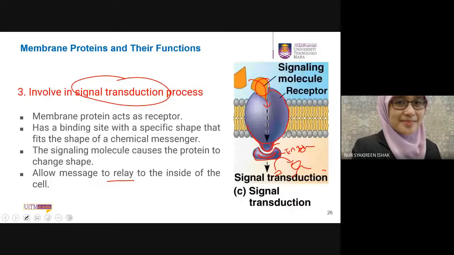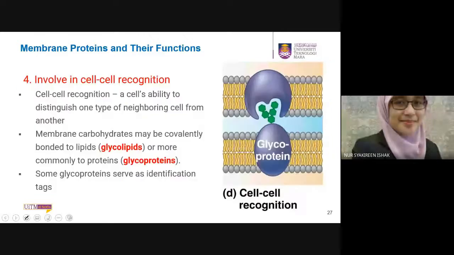Okay, so the next one is involved in cell recognition. Cell recognition is a cell's ability to distinguish, untuk kenal pasti, one cell or one type of neighboring cell from another.